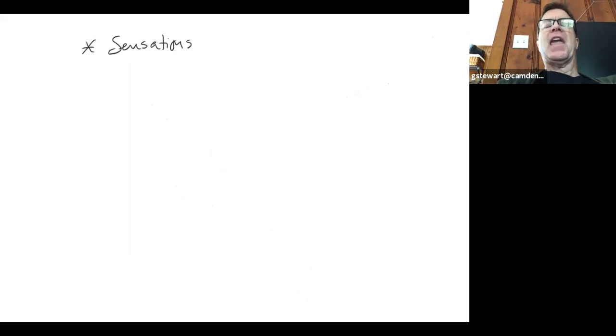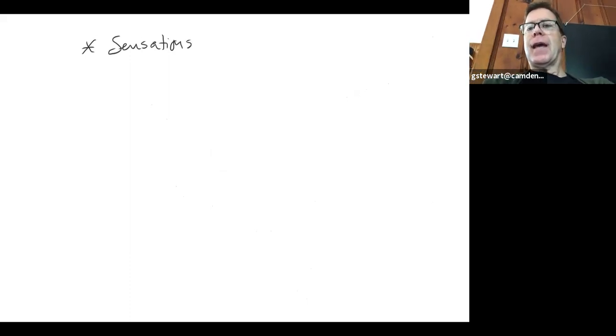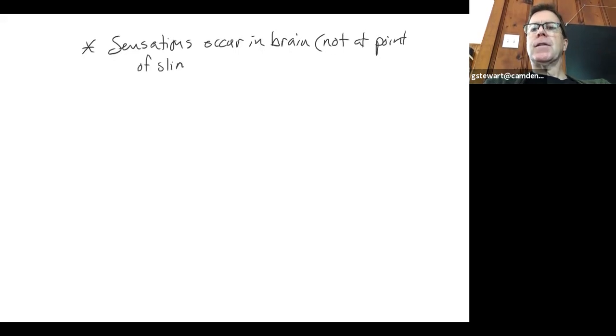The actual pain, we think it's at the finger, it's from tissue damage, but the sensation of pain and all other senses, so I'm just putting sensations in general, occur in the brain, not at the point of stimulus, not at the hot finger on the stove. That just sends a signal. It's actually in the brain that we say, that's painful.